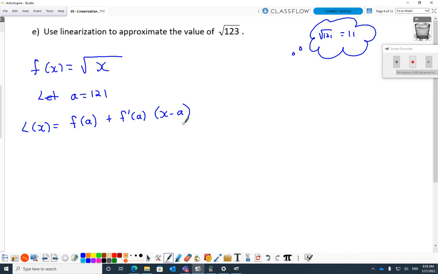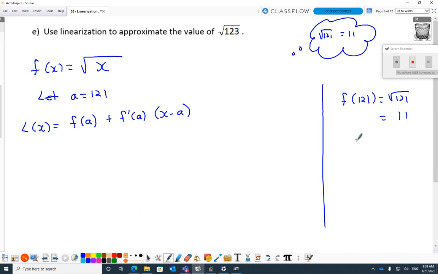Yeah? And we're letting a equal 121. So here's my side work. F at 121 equals root 121 equals 11. And maybe that's the first moment you go, oh, now I see why you chose a equals 121. That's the value you can do. That's where you want to approximate from, where you want to work off of.